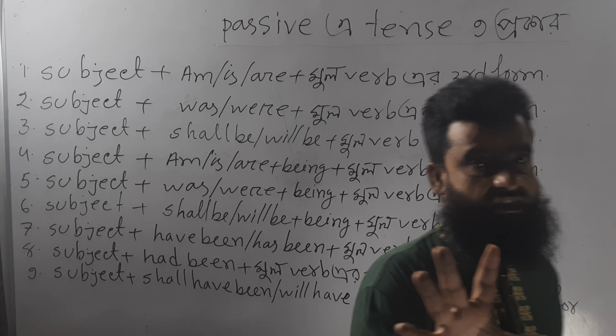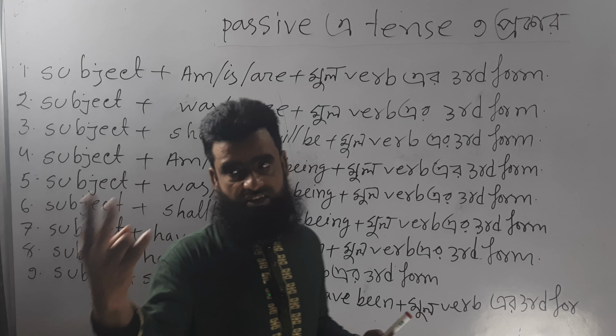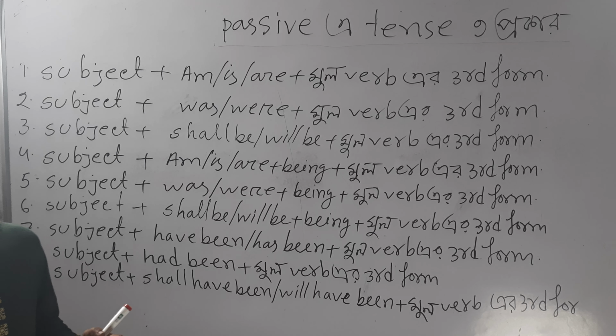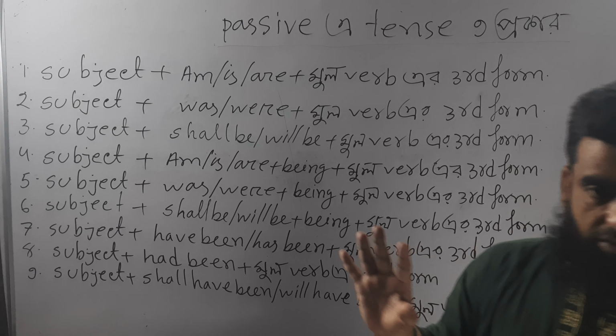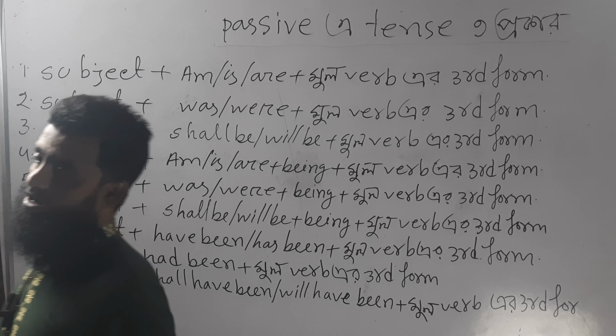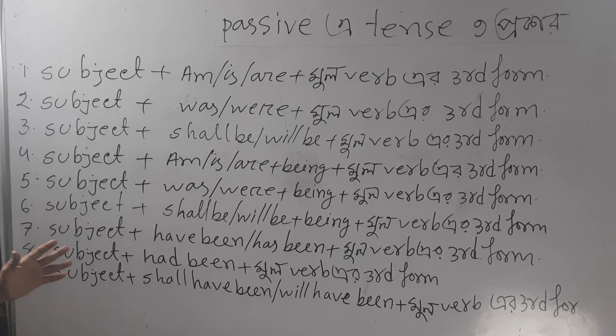All the students, please remember. I will ask some questions. Give the answer. How many kinds of tense in the passive? 9 kinds of tense in the passive. Mainly 3 kinds of tense in the passive: present, past, future.